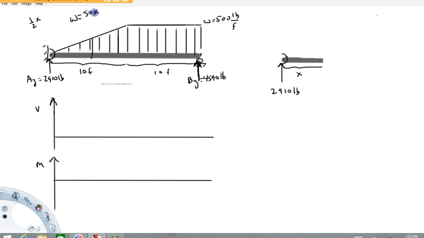So this product then would have units of pound per foot. And again, we're getting that by taking 500 pounds per foot divided by 10 feet. That's going to give us 50 pounds per square foot, times X works out to pounds per foot.